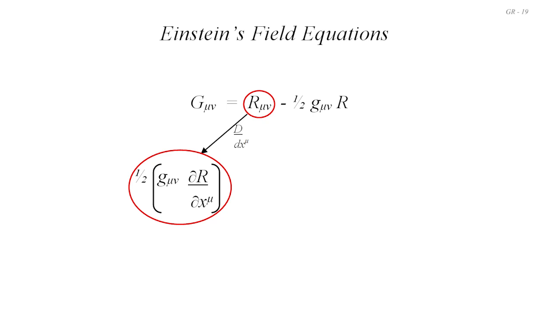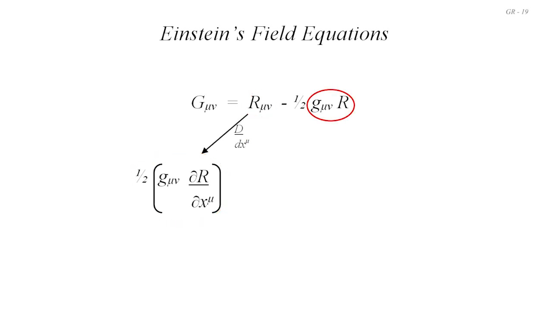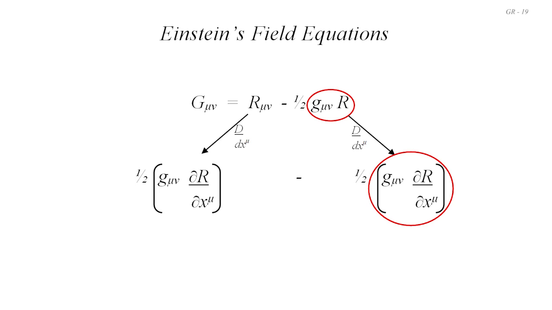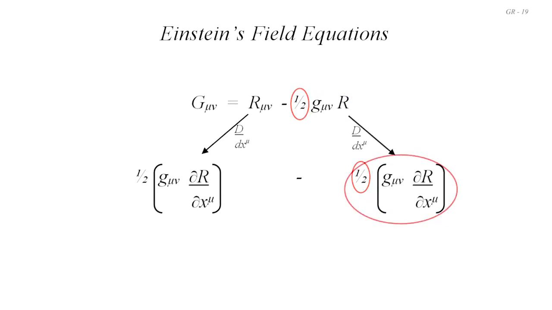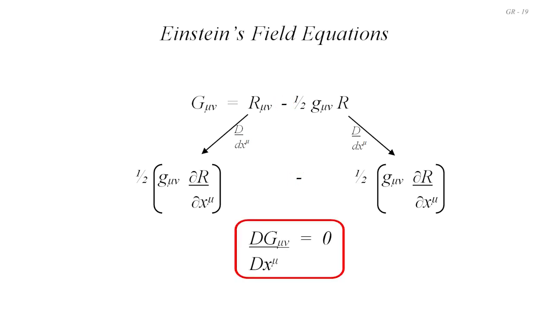And when we take the covariant derivative of this, we get this, but it already has a half in front of it, so the whole term is this, exactly the same as the first term, and it has a negative sign in front of it. In other words, we get the result equal to 0.